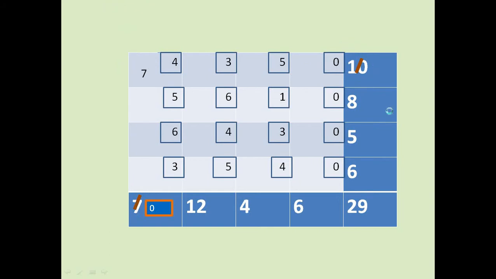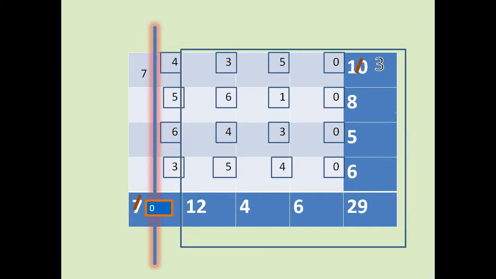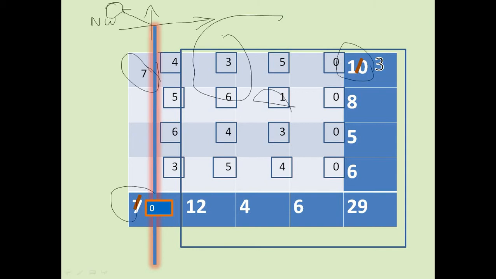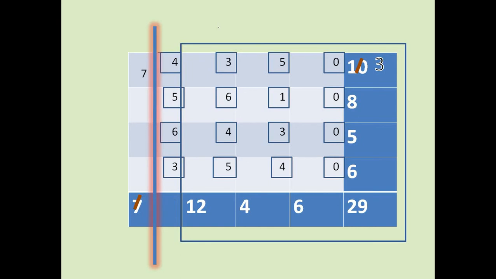So after putting this, you're going to write 10 minus 7 is 3 and cancel the corresponding column, okay? After this, your focus must go in this, and the northwest corner part is actually considered as this one, okay? So after that, you're going to just go and consider this and write the value of that, okay?